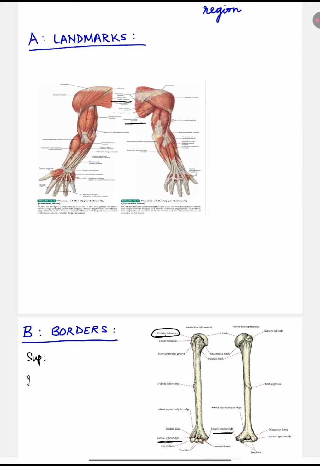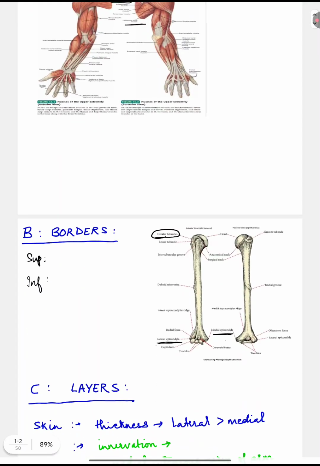Inferiorly, if we take an imaginary line 2 fingers above the lateral epicondyle and the medial epicondyle, 2 centimeters above, that is the inferior border.